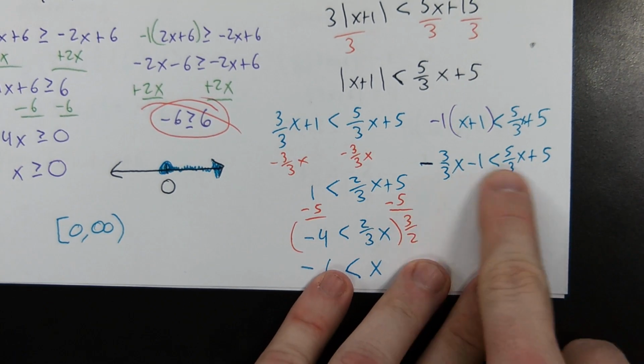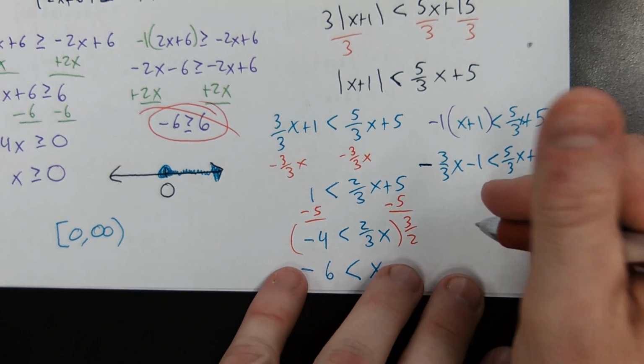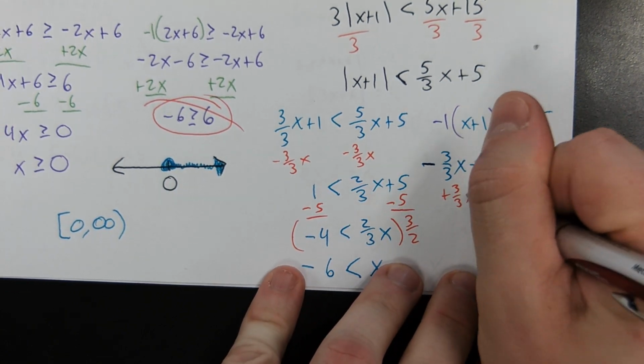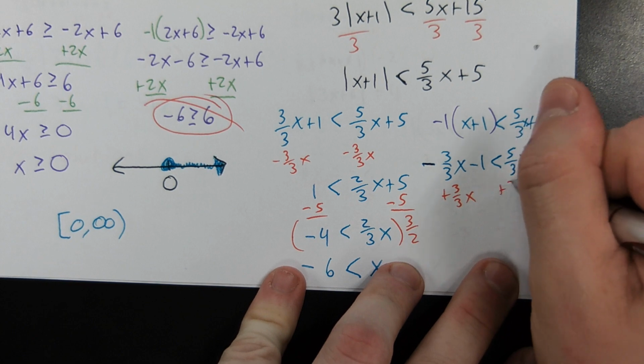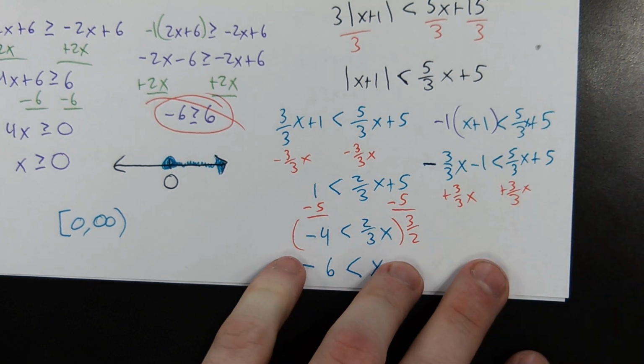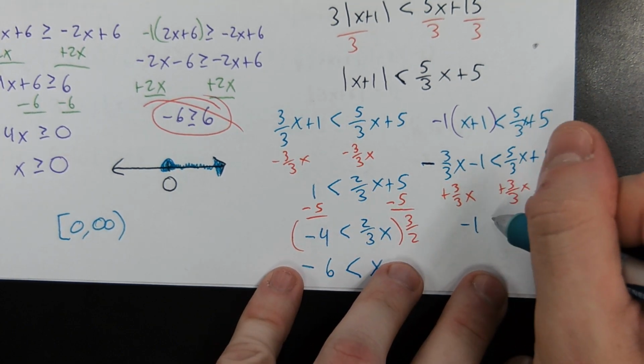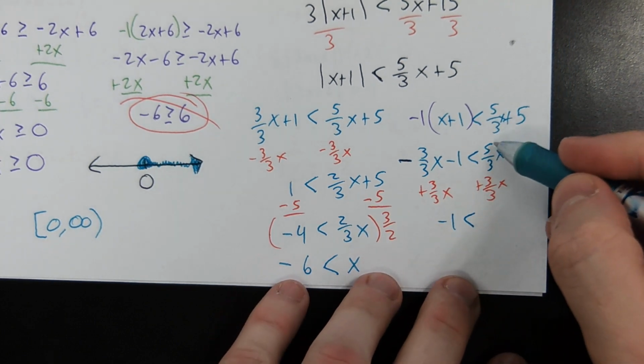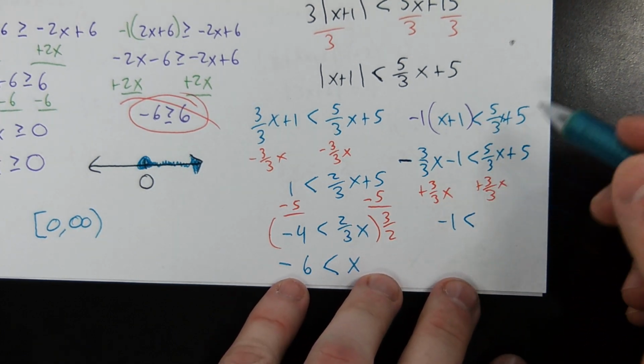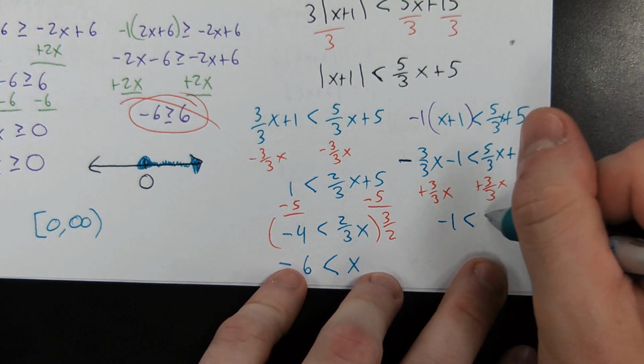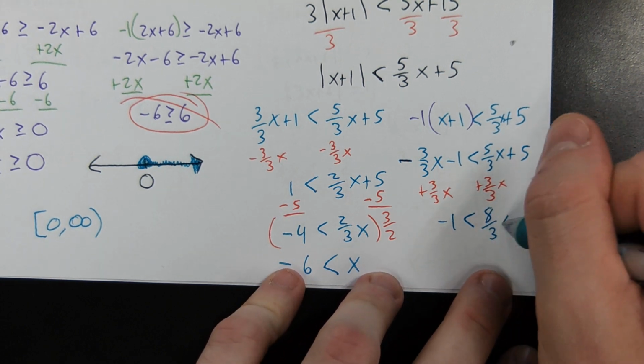So I can add this 3 over 3x, and oh, look how nice that's going to be. 5/3 plus 3/3, that's a whole number. That gives me negative 1 is less than, let's see, 5/3 and 3/3, that's 8. Oh, that's not a whole number. Darn it. It's 8/3. I thought I was going to get 9.